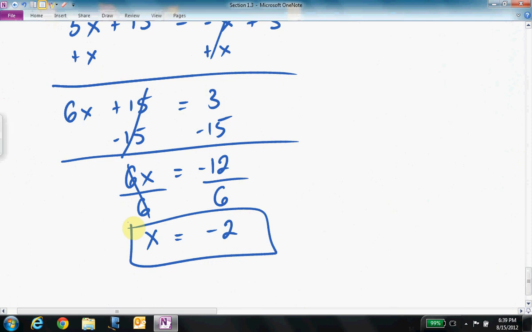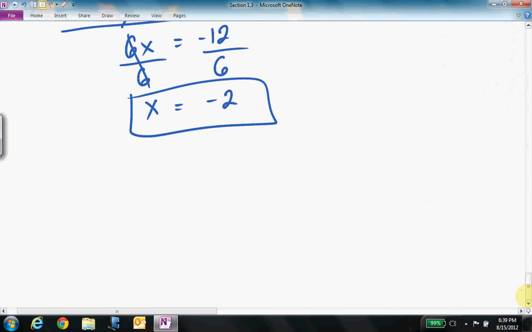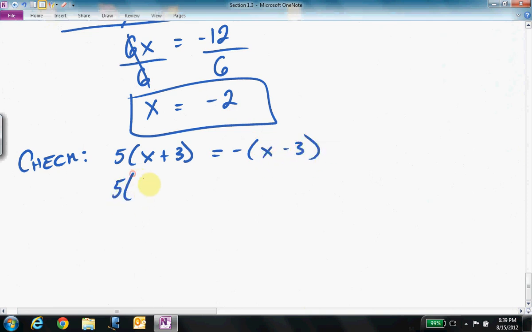All right, so this will be a quick little check. So I've got 5 times the quantity x plus 3 is equal to the opposite of the quantity x minus 3. So I'm going to substitute in negative 2 for x.